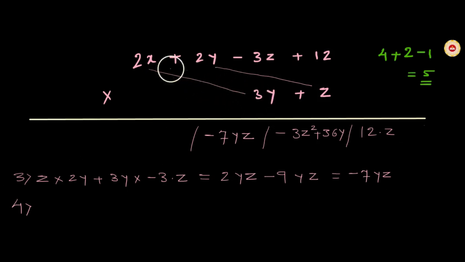So step number 4 is, as there are two columns, we multiply the terms in these two columns crosswise.